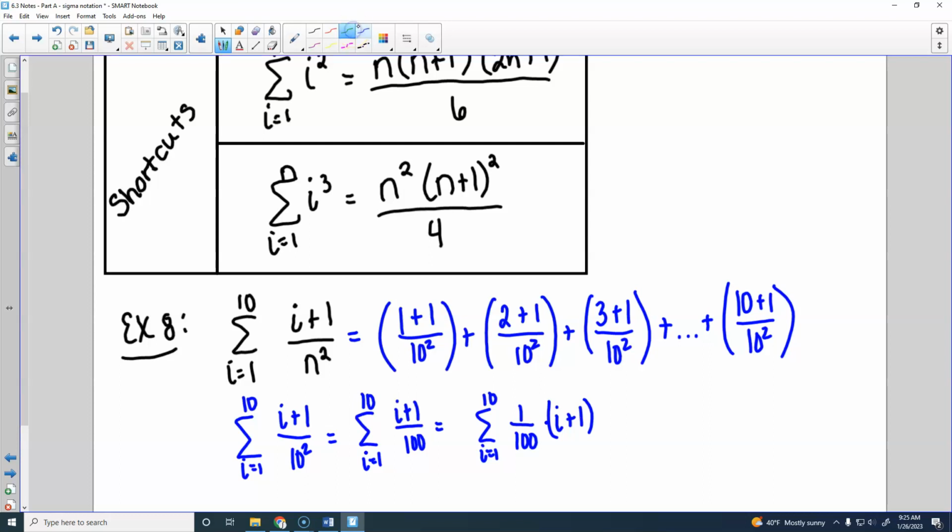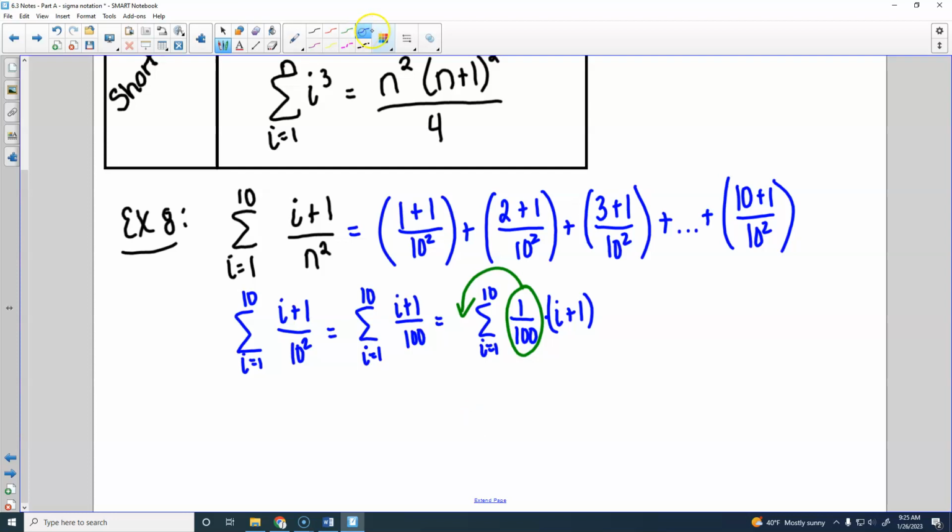So, much like derivatives, if I have a coefficient right here, I can just pull it out front. Okay, so the way that I can think about this is I can do 1 over 100 times, I can take the sum of my I and my 1 separately. So I'm thinking of it like this, my sum from 1 to 10 of I plus my sum from 1 to 10 of 1, right here.